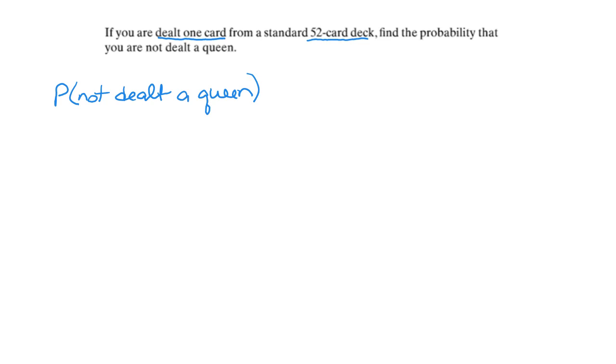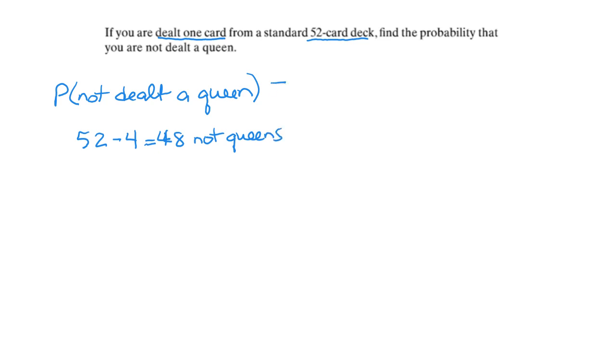We have a few ways that we can look at this. We have 52 cards. There are 4 queens in a deck of cards, so we're going to minus the 4 queens. And that leaves us with 48 cards that are not queens.